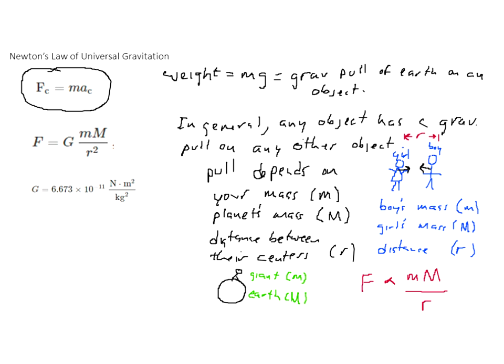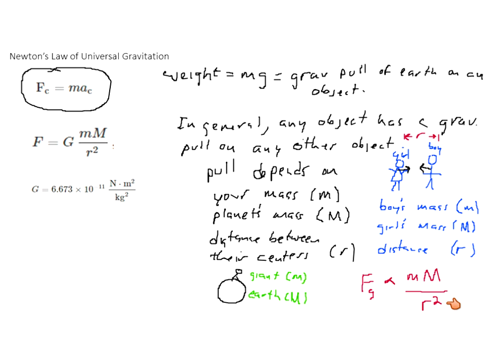Turns out that gravity is what's called an inverse square law. So the gravitational force F is proportional to the mass of object 1 times the mass of object 2, and inversely related to the distance between them squared.